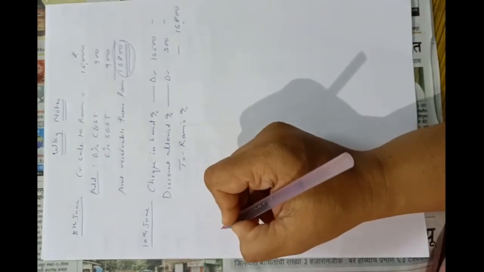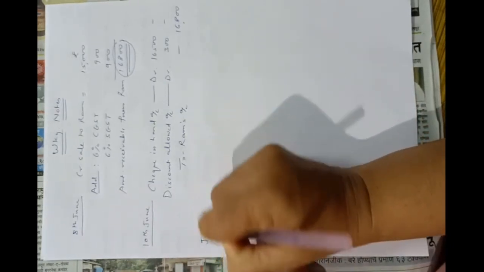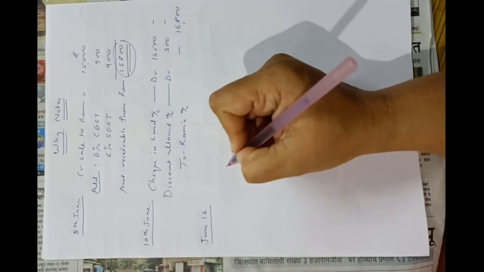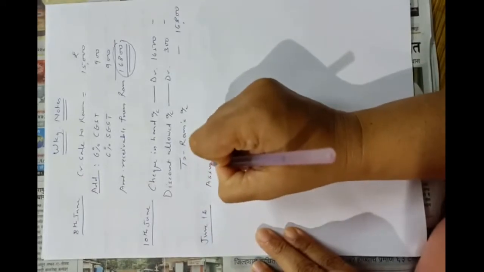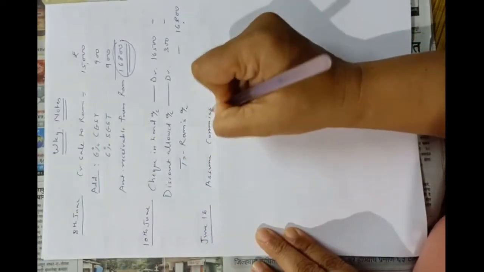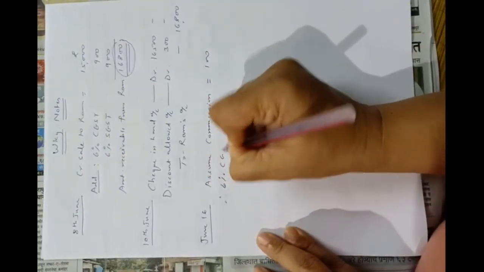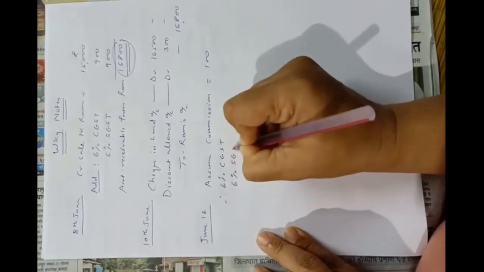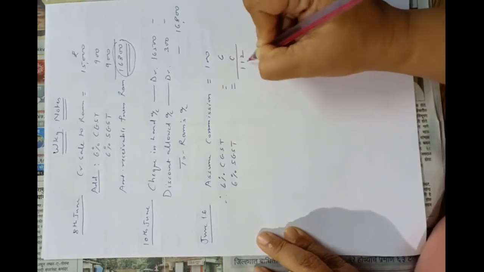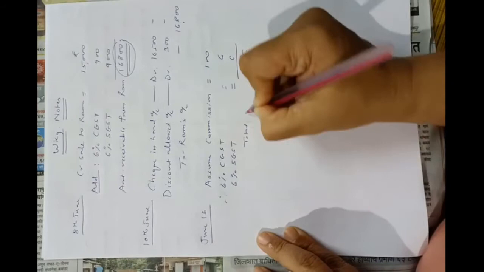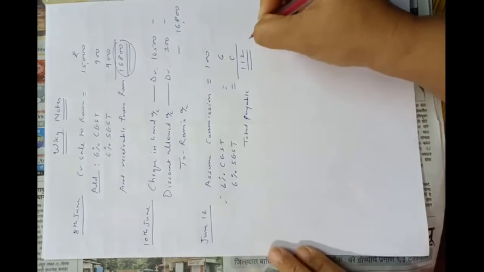So let's see how much commission and how much CGST and SGST is payable. So on the date 16th June, we will calculate the CGST and SGST in this commission. Assume commission is equal to 100, so 6% CGST and 6% SGST will be rupees 6 each. So total payable commission will be rupees 112 in case of 100.